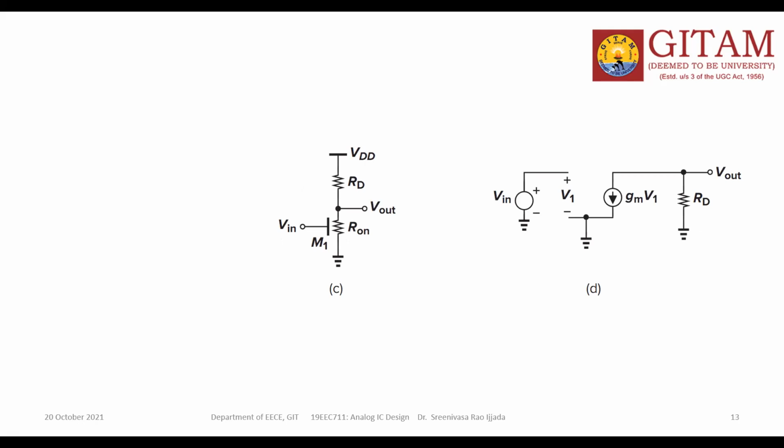This is the input voltage Vin that you are applying. This is the gate, this is the source, this is the drain, and this is the RD resistance. This is the current source, a dependent current source whose value is gm into V1, so its value depends on the input voltage. This is the equivalent circuit.